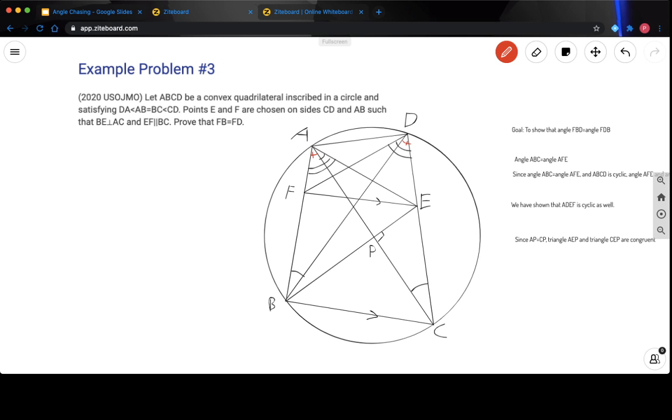However, angle CAE is the angle with the one line across it, so we can mark that as well.